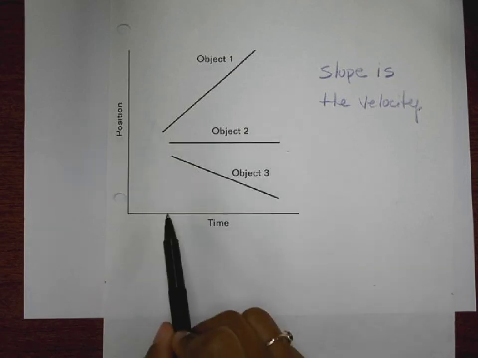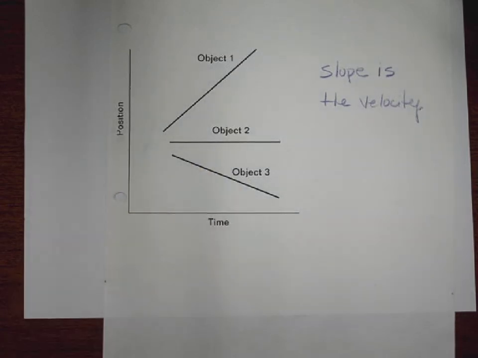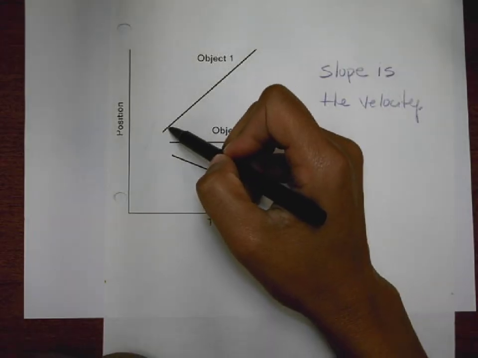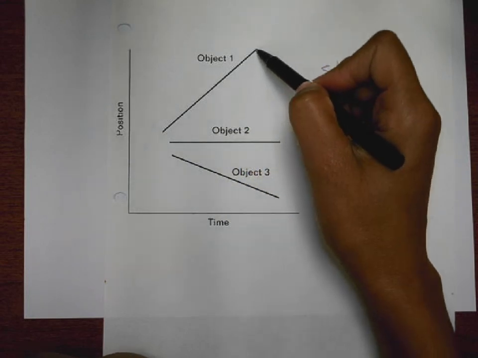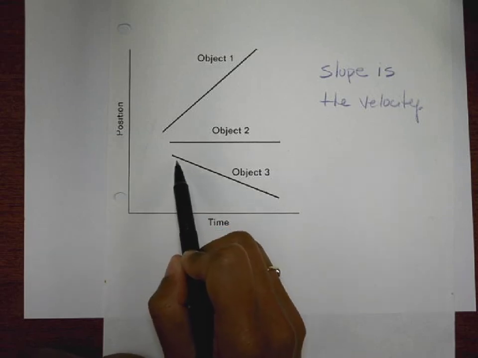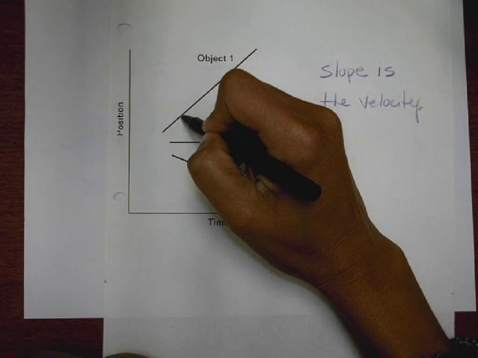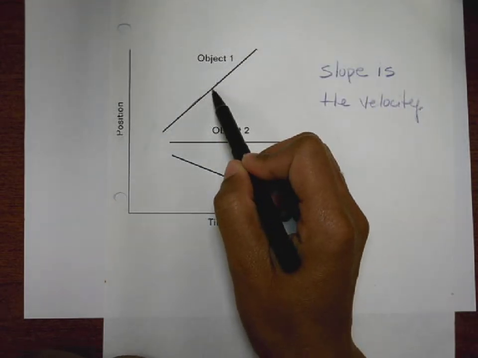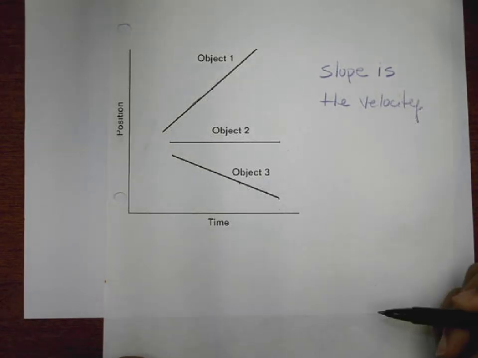Object 2 is not moving at all, because as time is ticking, his position's not changing, so he must be standing still. This object is moving. As time is ticking, the position is changing a lot. And this one is also moving. As time is ticking, his position is changing a lot. Except this line is steeper than this line, so this object is moving quicker than this object.